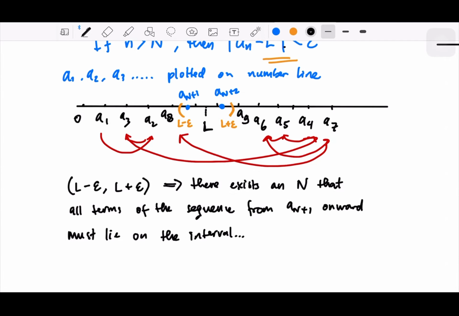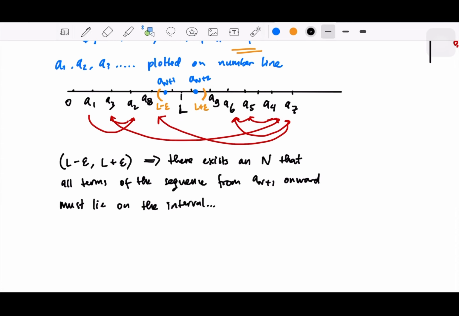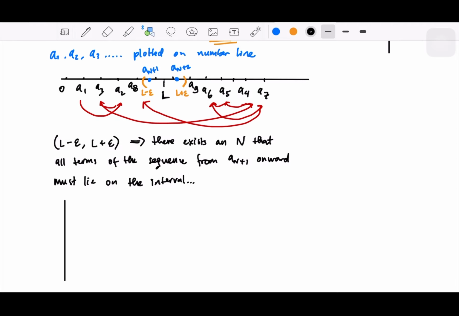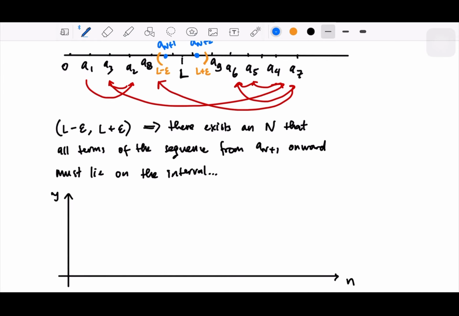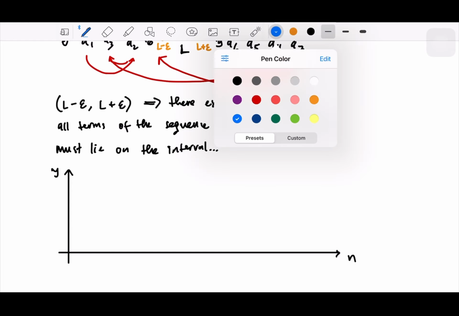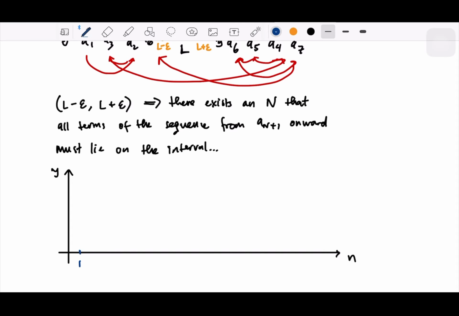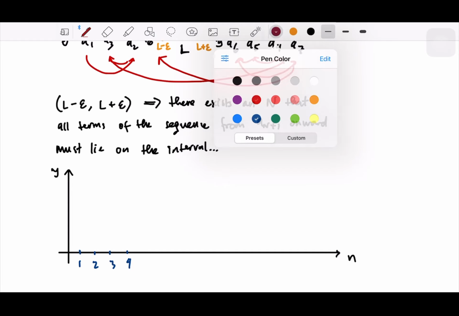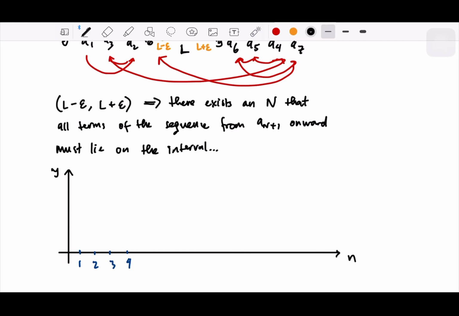Perhaps it's not really clear on the number line. Let me just illustrate with another graph. Maybe just a Cartesian one, which might be a bit better. Let's say this is n, and this is a_n. Let's start from 1, 2, 3, 4. And maybe L is around here.